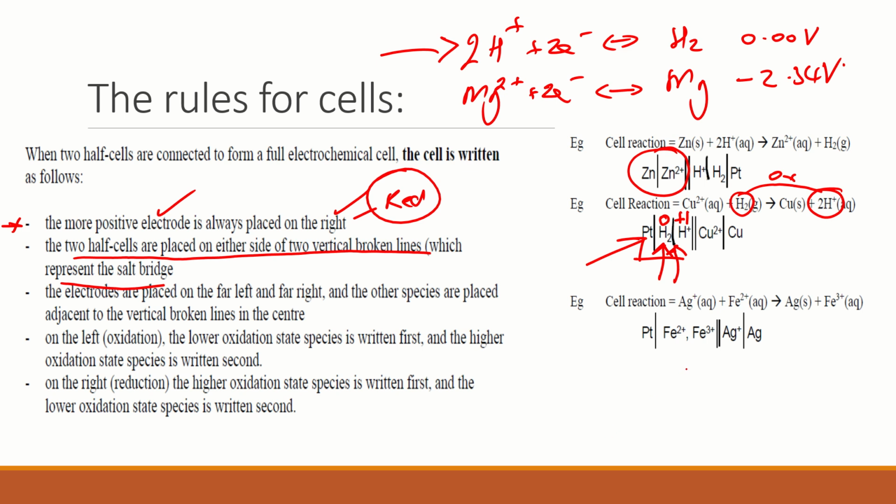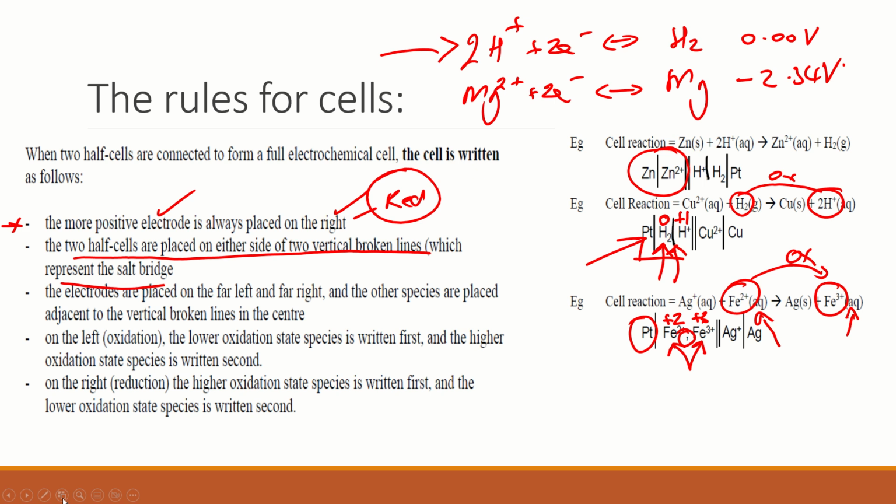If we go down to the next one, we have iron 2 getting oxidized to iron 3. Platinum is my electrode, they're both aqueous, so my iron 2 is written first, lower oxidation state species first, but they're separated by a comma this time because they are both aqueous.